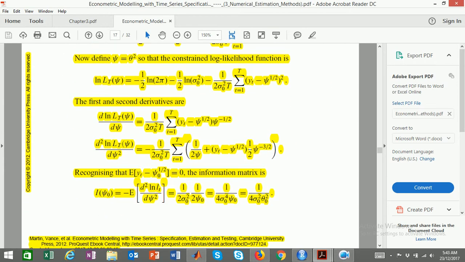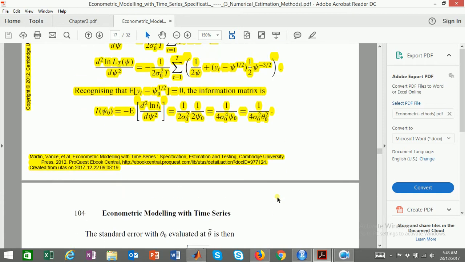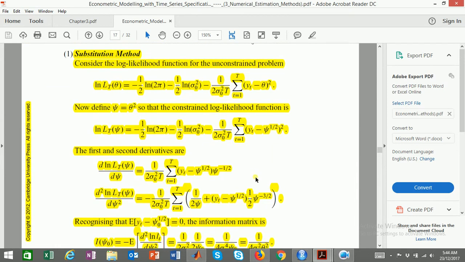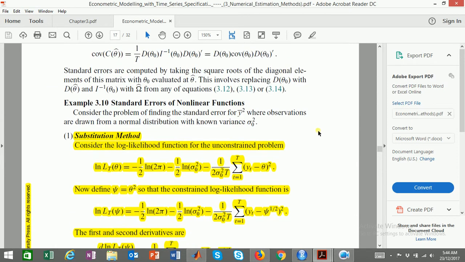So simply then we proceed with first and second derivatives, and then we replace everything of theta with psi, and the information matrix changes to 1 by 4 sigma naught square theta naught square, replacing back again, and the standard error of psi equals root over the inverse information matrix, or root over 4 sigma naught square theta hat square divided by T. This is a substitution method for standard errors.